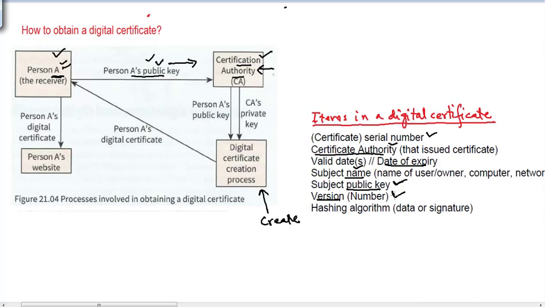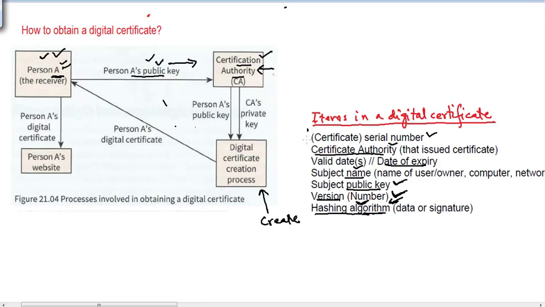So it also includes the version number of the digital certificate, and it also includes the hashing algorithm that is going to be used by this company A. I should not say for purposes of secure data transmission, rather the hashing algorithm is used for digital signature, for authentication purposes eventually. I've already discussed that in a different video on digital signatures. So it includes the hashing algorithm.